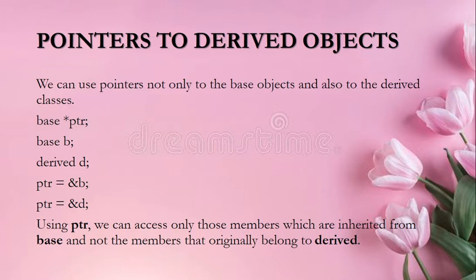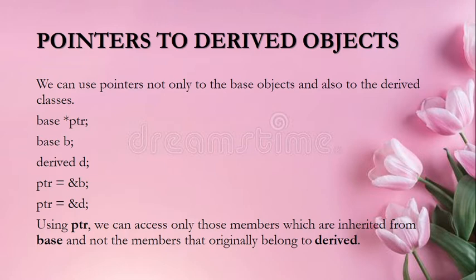So that's not going to fulfill the property of polymorphism. That's a very big question: how am I going to access the derived class's members using this base class pointer?